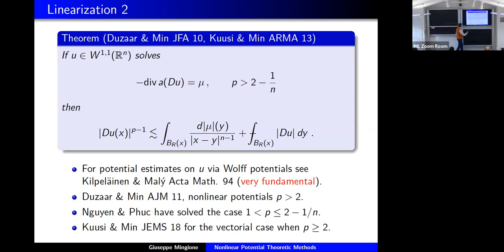In other words, you can act as if there is a fundamental solution for nonlinear elliptic problems. And when you go to Rn, you are bounding it like this: |Du|^(p-1) is less than or equal to the Riesz potential of mu, |y-x|^(n-1).